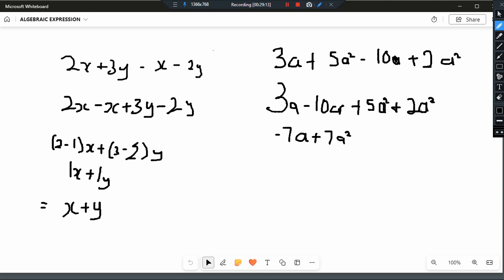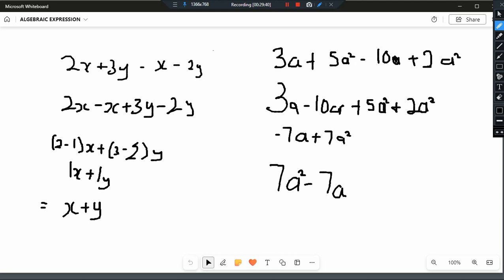So a proper arrangement for this expression, I can decide to write it as 7a squared minus 7a. But this is also correct. Do not think that I have written this so you are wrong. No, when you get your answer and you decide to end it here, it's the same.